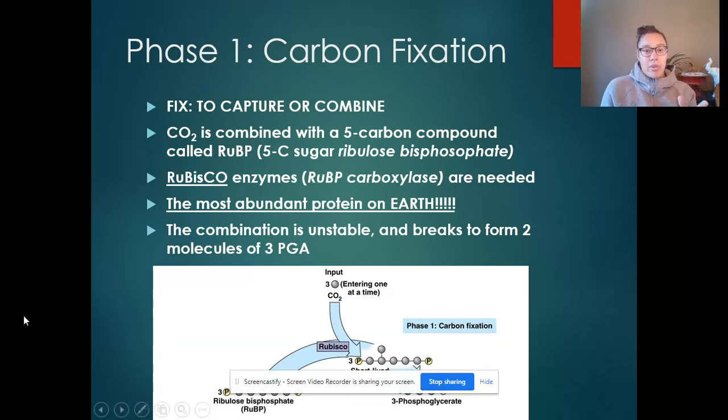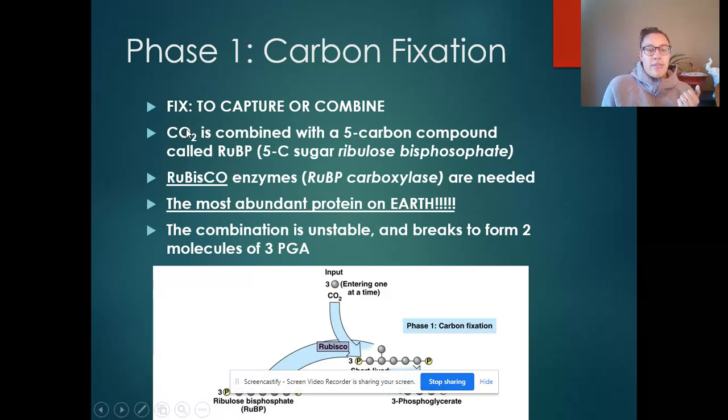So for example, in step 1 of carbon fixation here, we're going to capture or combine and fix carbon dioxide to a molecule, which is called RuBP, or that's the shorthand for it, but it's called ribulose biphosphate. Again, you don't have to know that it's called that. Okay, so we just call it RuBP for short.